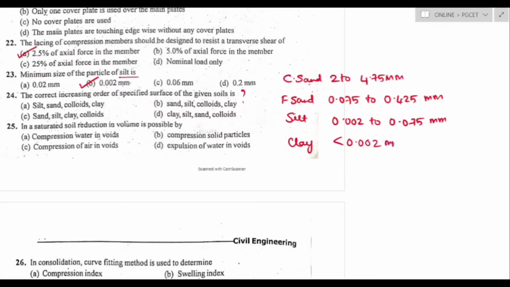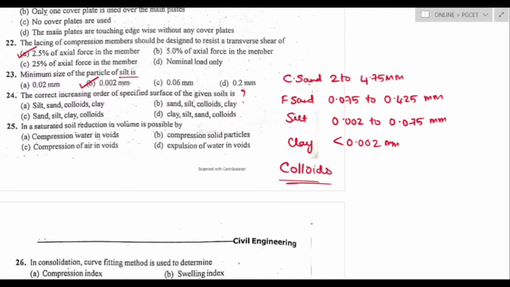0.002 mm. Basically, the finer particles of the clay have such a high surface area that their behavior is controlled by specific energy rather than mass energy. So, the specific surface area of the soil is inversely proportional to the grain size.